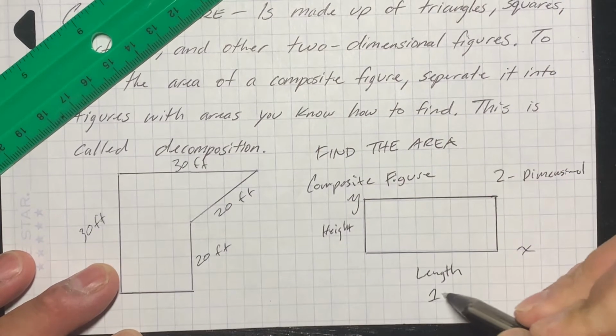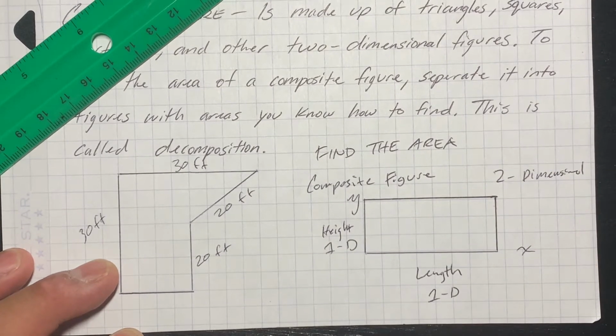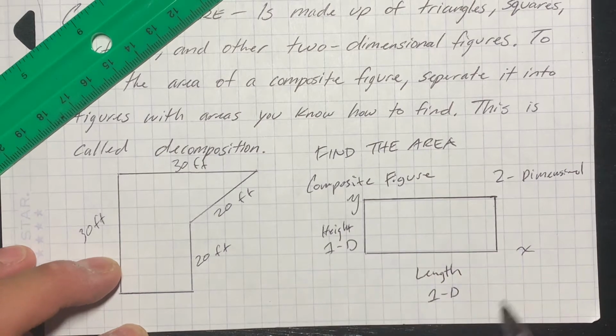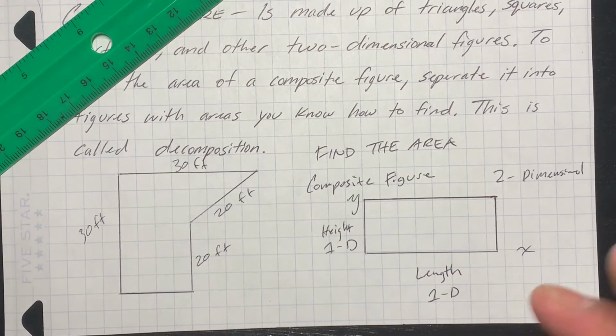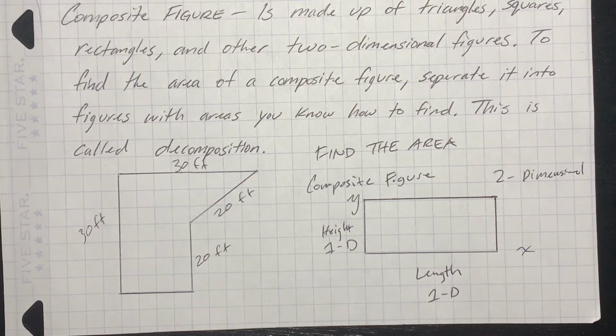The length is one-dimensional and the height is one-dimensional. And what's 1 plus 1? Well, 2. So there's two dimensions. Length is a dimension and height is a dimension. So I just wanted to repeat that. Okay, so that was just an example of what I'm talking about as far as dimensions go. We're not talking about anything else.